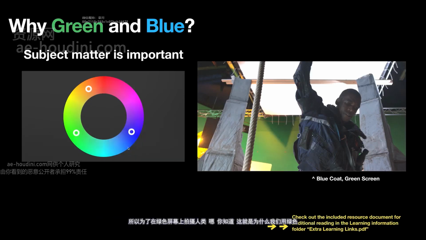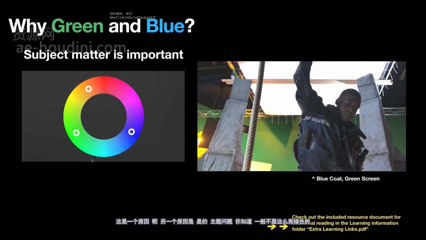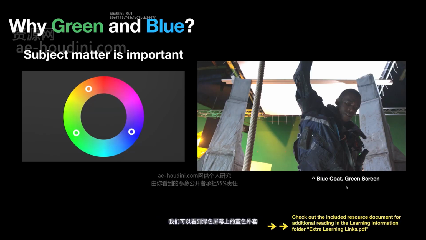So for filming human beings, that's why we're using the color green. That's one reason. The other reason is that subject matter is generally not this bright green anyway, so that's going to make it easier to pull a key. We can see here a blue coat on a green screen. So that would be the very basic reason why we use a blue and a green screen.